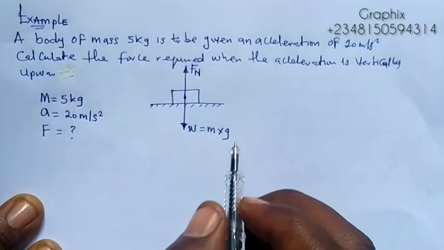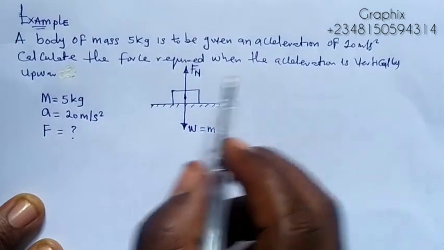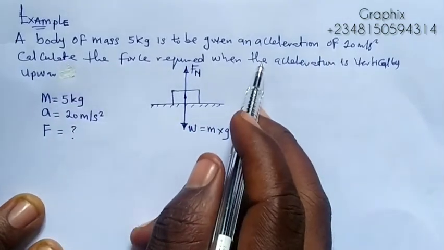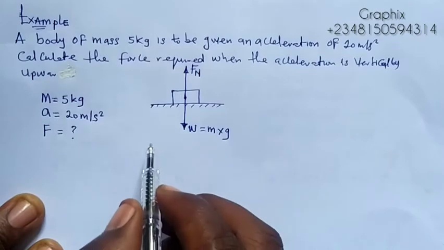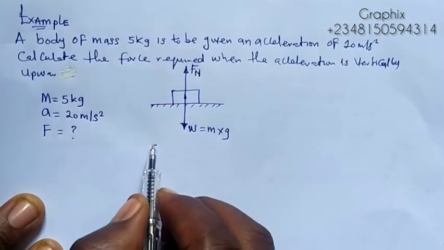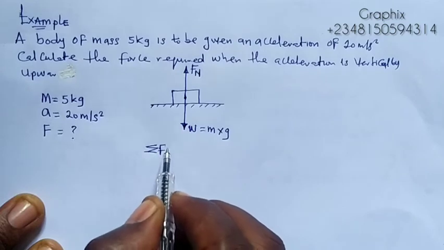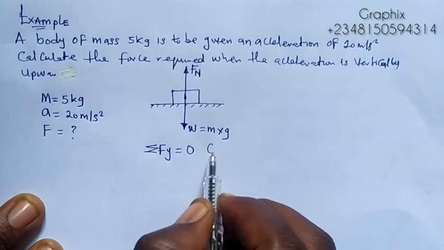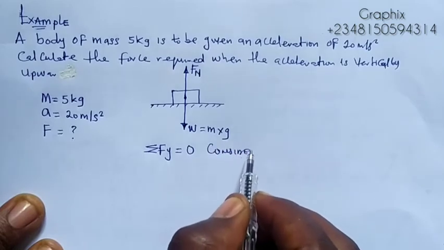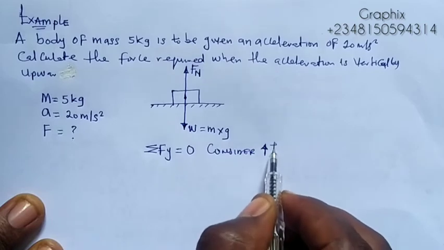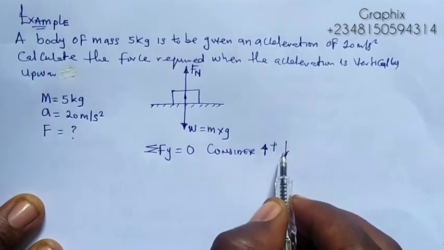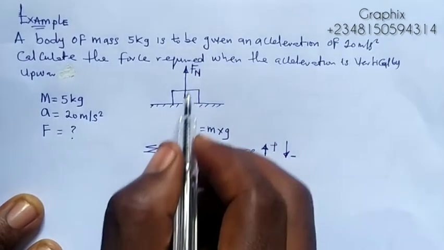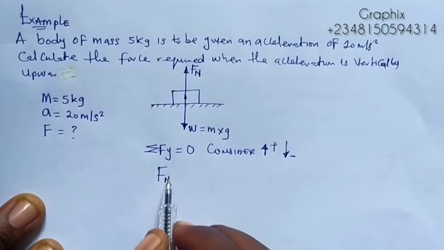It's saying that calculate the force required when the acceleration is vertically upward. Now since the acceleration is vertically upward, the summation of all the vertical forces is equal to what? 0. And let us consider upward force to be positive and downward force to be what? Negative. Now the upward force is normal force, Fn.